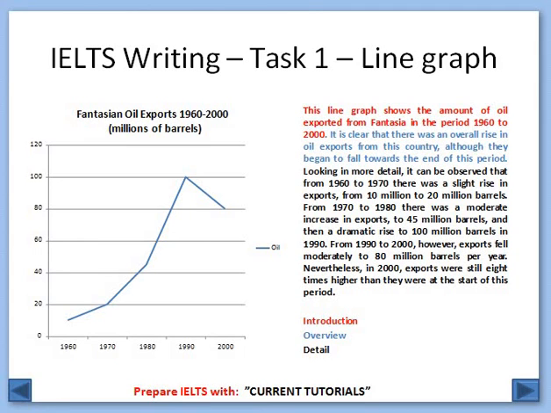It is clear that there was an overall rise in oil exports from the country, although they began to fall at the end of the period. At the start of the period it was about 10 million barrels and at the end of the period it was 80 million barrels.